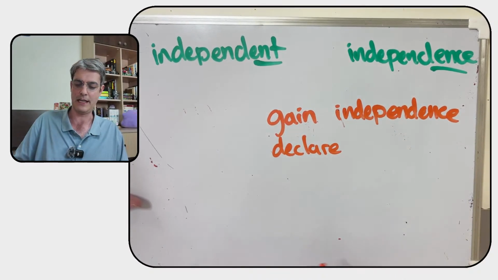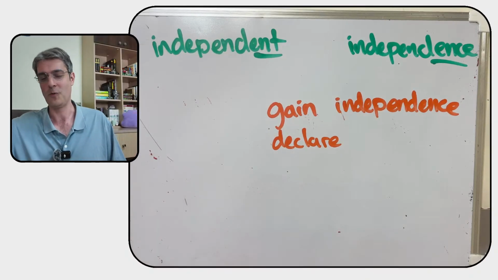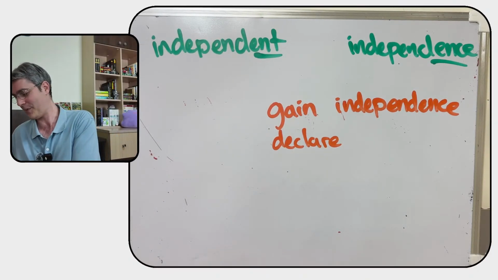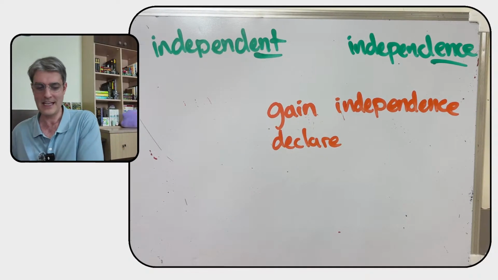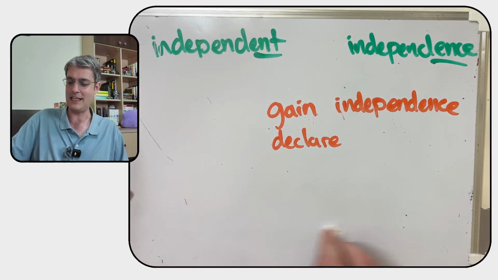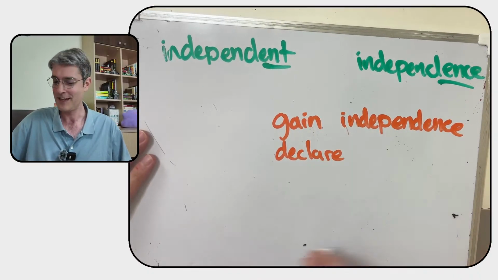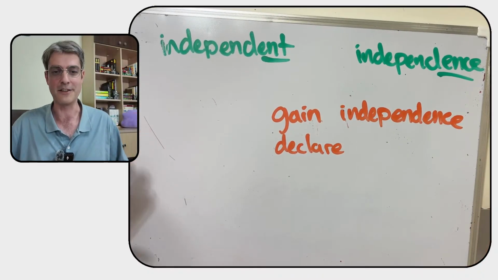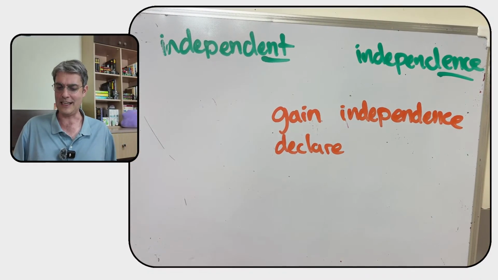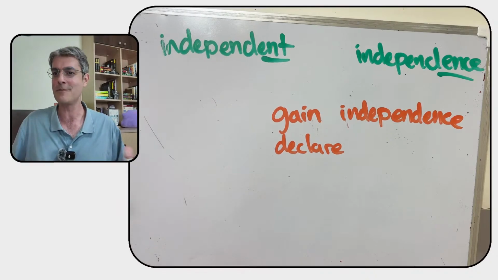So when a territory declares independence, they are saying we are no longer a part of that country. And when you gain independence, a colony is no longer controlled by another country. So I think India gained independence, I believe, in 1947. The United States gained independence in 1776.